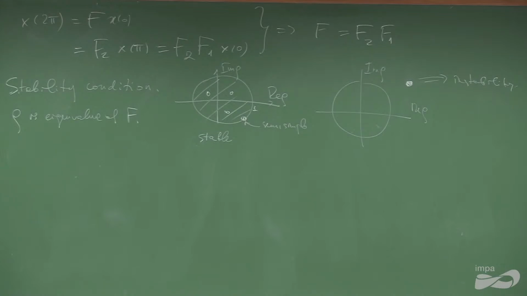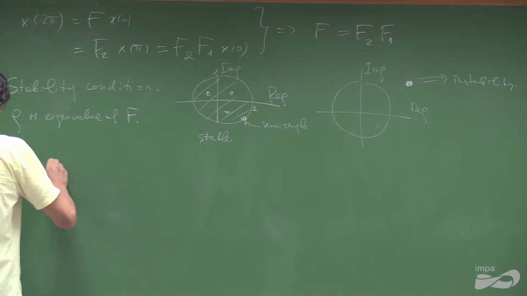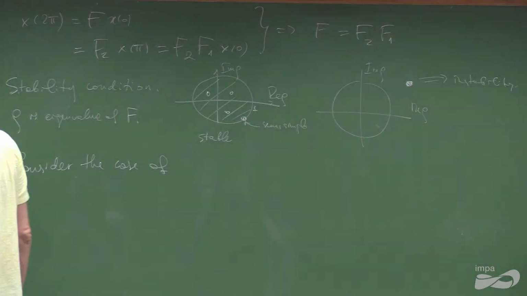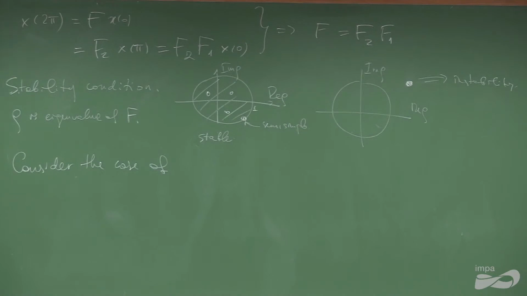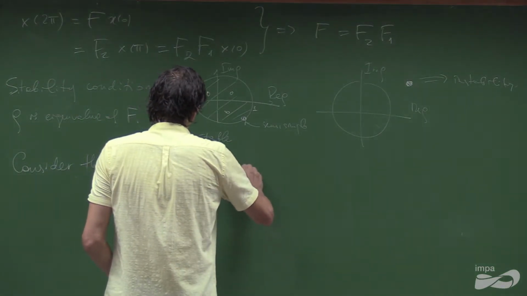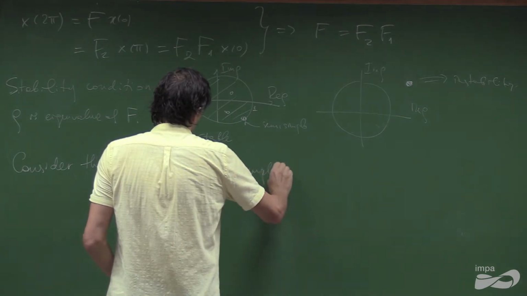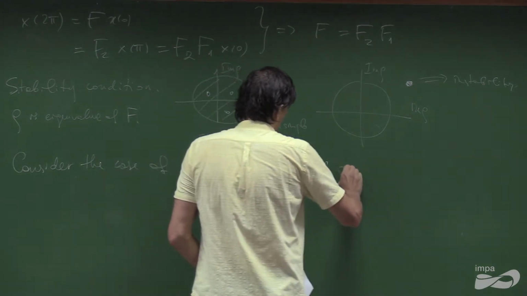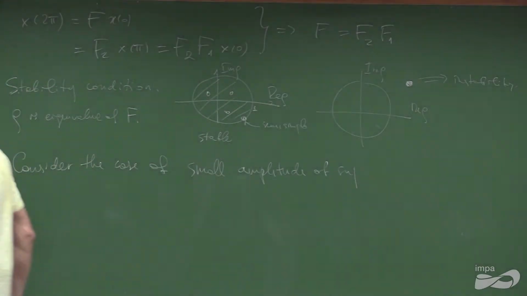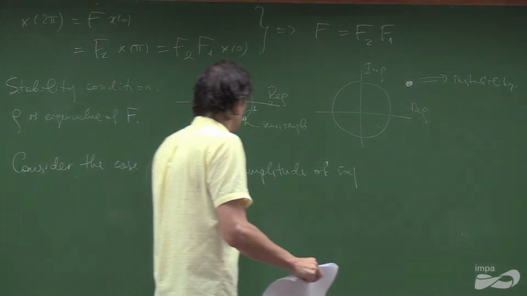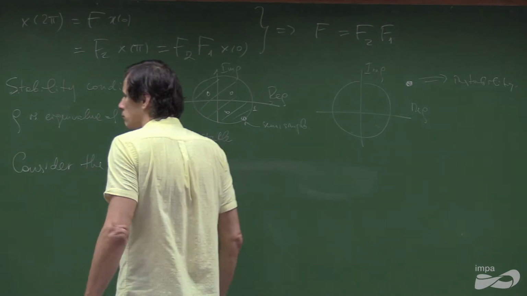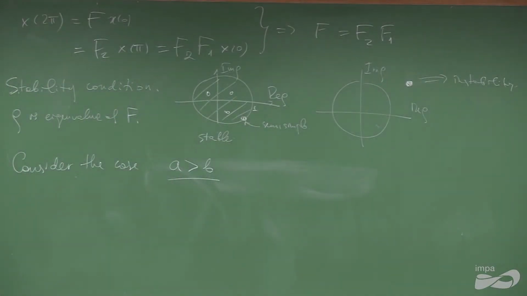So what we will do, we will first consider the case of small amplitude of the support. Let's continue with the case when A is bigger than B. We have two parameters in the system, A and B. We consider that B is smaller.